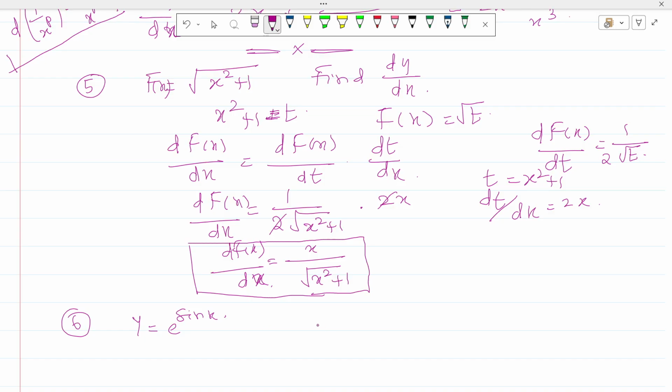So e power sin x is given. How can you find that? Okay, sin x equal to t.